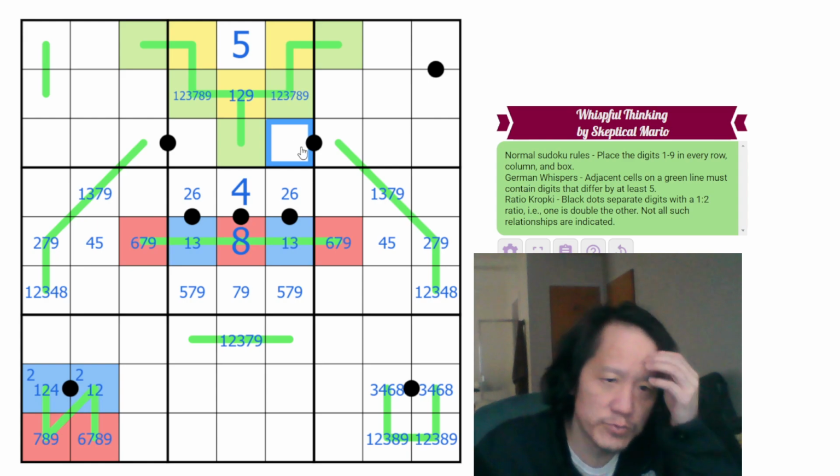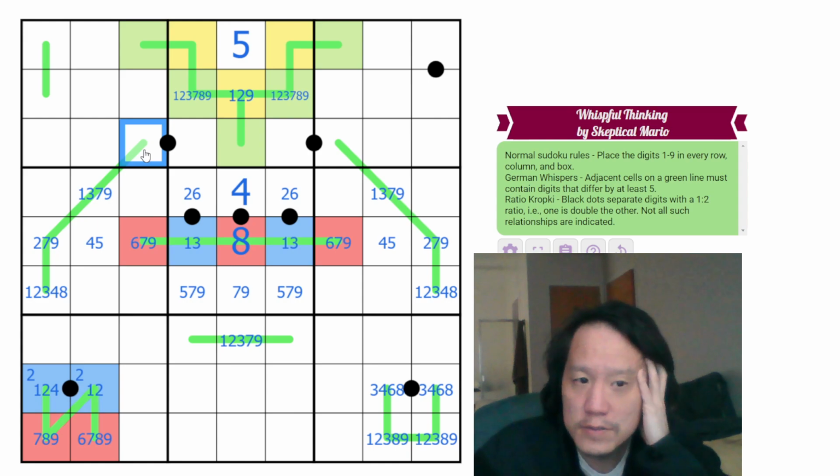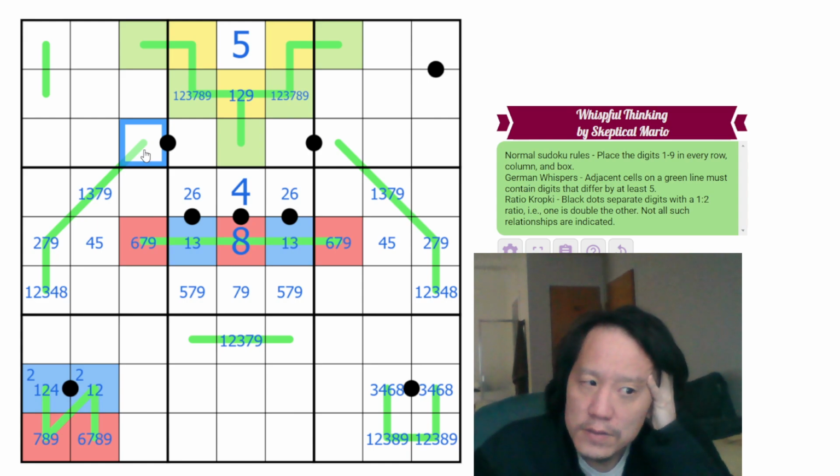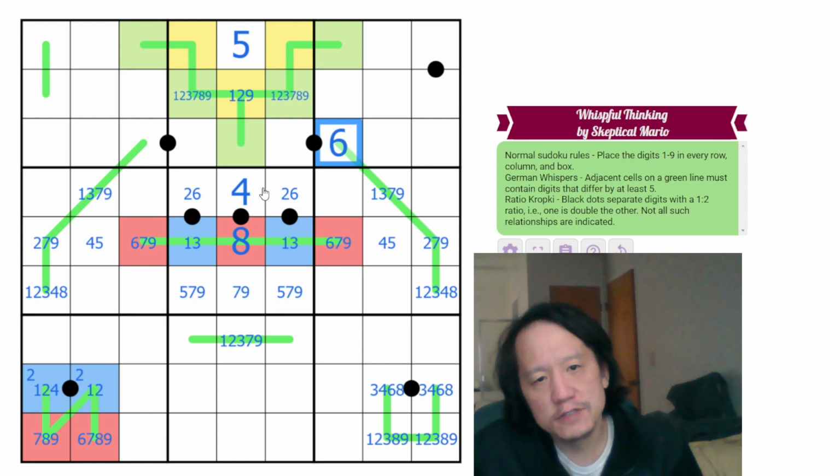They both could be here, right? In which case this would be 3 and 2 and 8 or 3 and 2 and 8. Say one of them was 6, right?